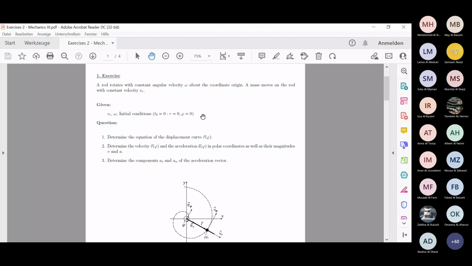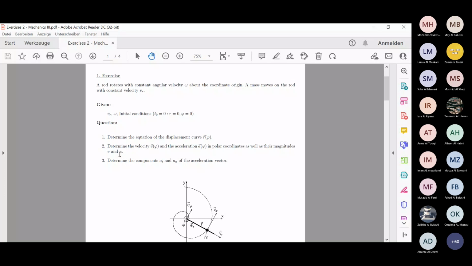What is asked for is to determine the equation of the displacement curve r as a function of phi. Determine the velocity v as a function of phi and the acceleration vector a as a function of phi in polar coordinates, as well as their magnitudes v and a.